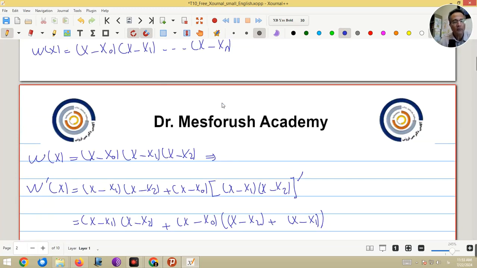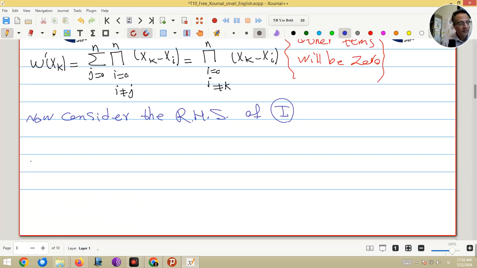So I will have w of x times the sum over k equal to 0 to n of f at xk over x minus xk times w prime of xk. Right?